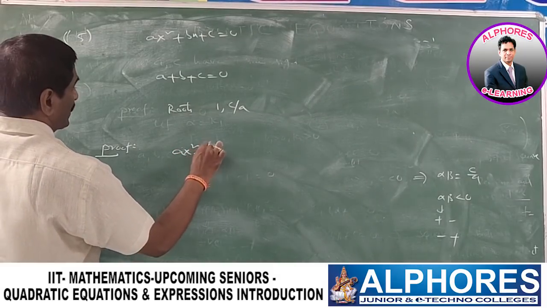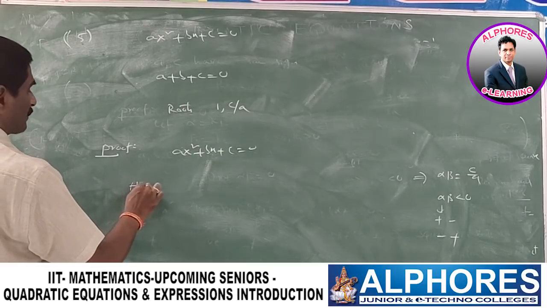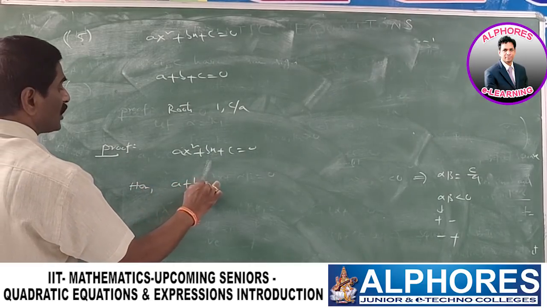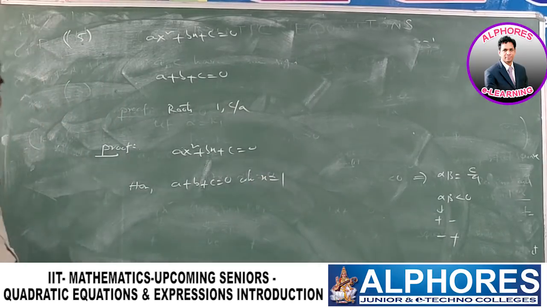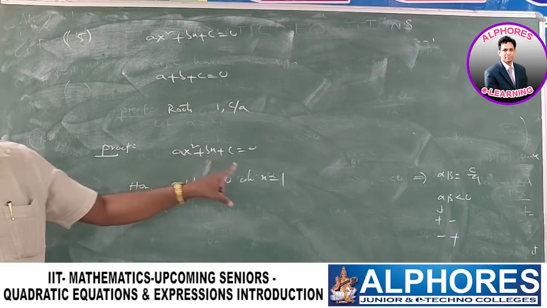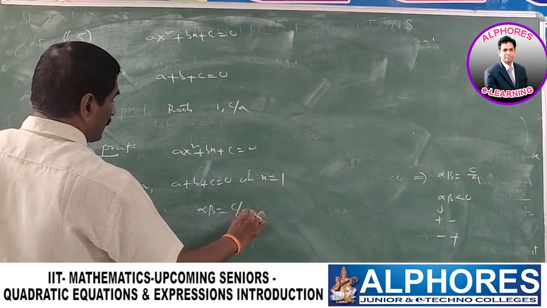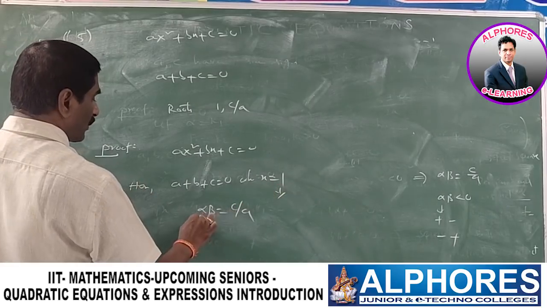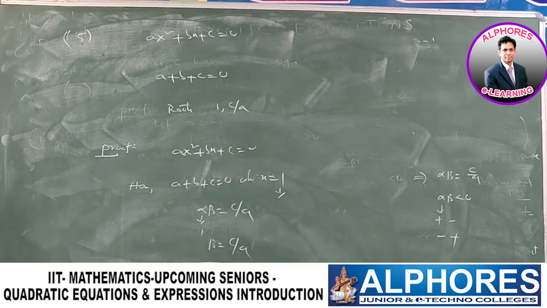Given equation is ax square plus bx plus c is equal to 0. Here a plus b plus c is 0 when x is equal to 1. That means x is equal to 1 is one of the roots. We know that the product of the roots alpha beta is equal to c by a. Put alpha is equal to 1, then beta is equal to c by a. So if a plus b plus c is equal to 0, then the roots are 1, c by a.